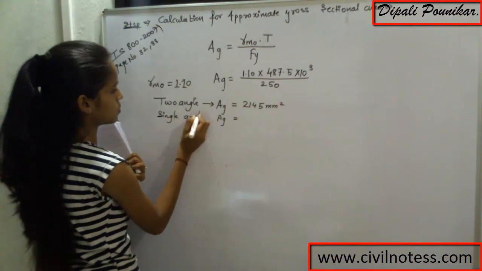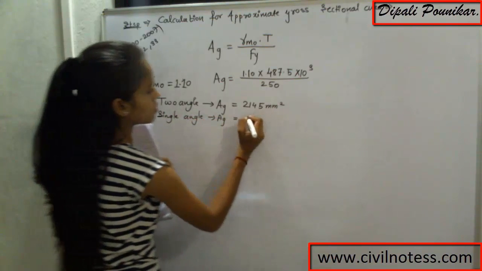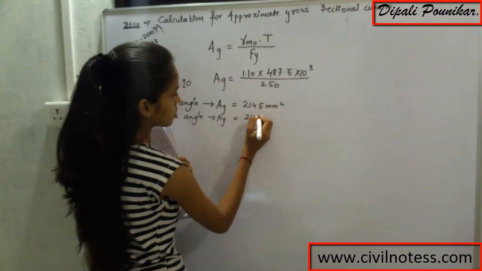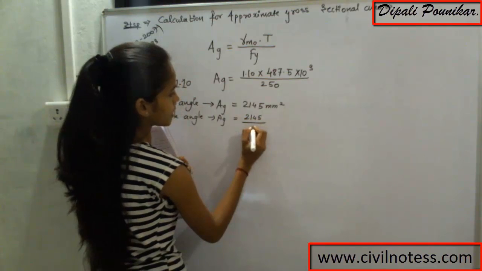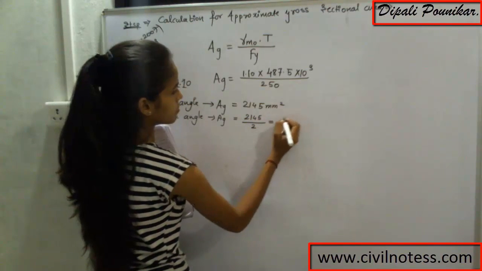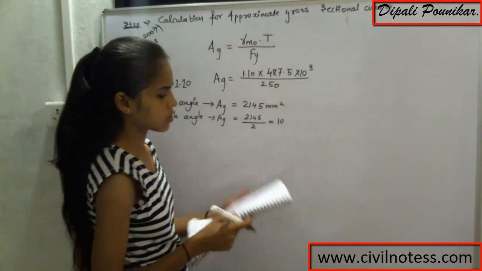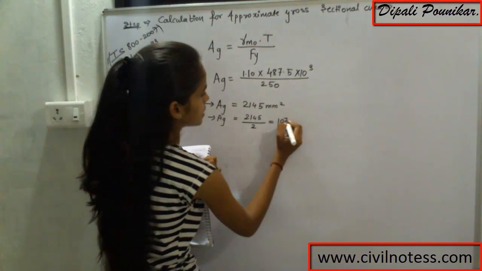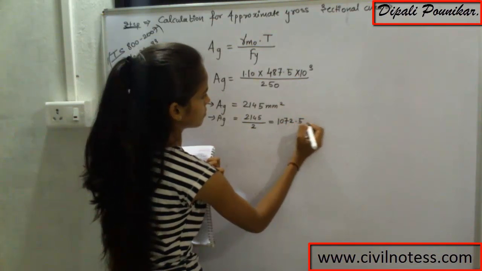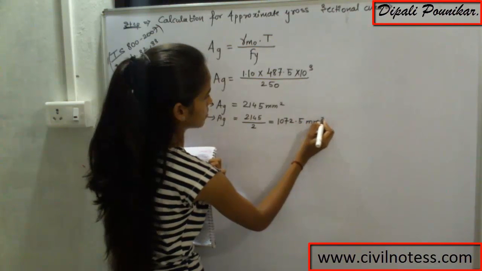So 2145 divided by 2 gives 1072.5 mm square.